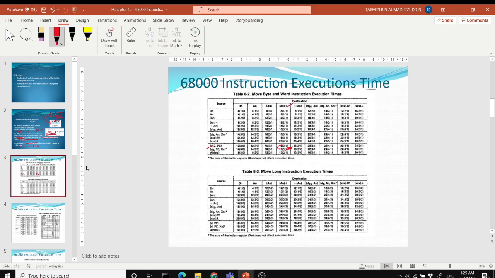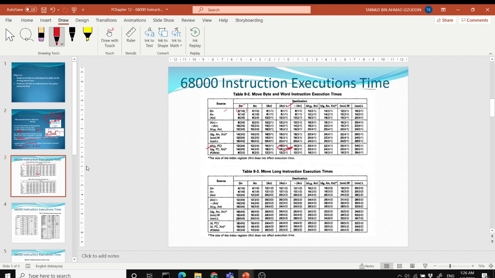For example, if you are moving from a data register to a data register, then you will need a total of 4 clock cycles, with 1 clock cycle used to read from the data bus, and 0 clock cycles used to write, because this is only reading from the data register. So there's no writing to your buses, so that's why it's 0. And the remaining 2 is for your bus idling.